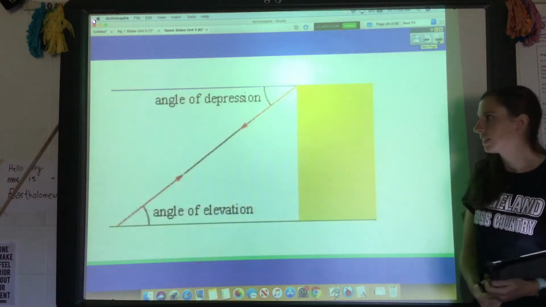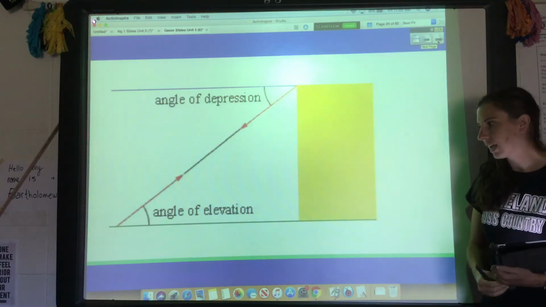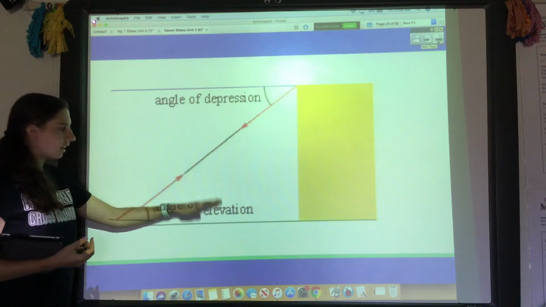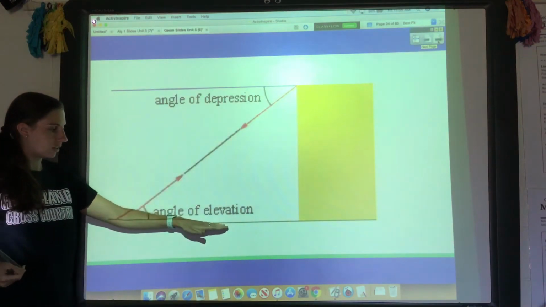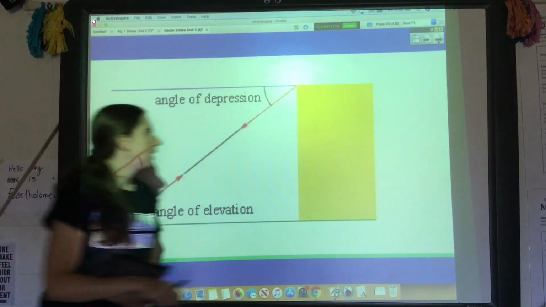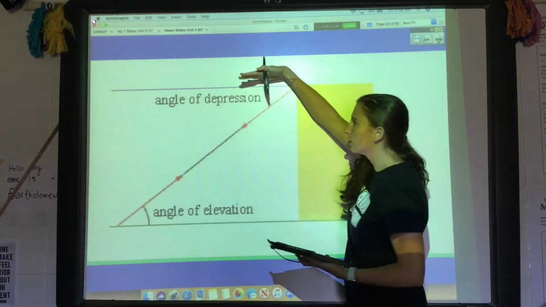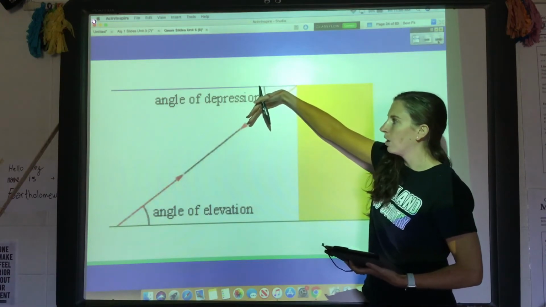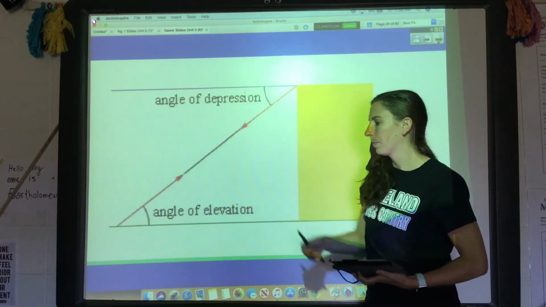Okay, so back to this. There are two types of angles you may hear about with this stuff. One is an angle of elevation, meaning you start horizontal and go up. The other is an angle of depression, meaning once again you start horizontal, but then you go downwards rather than going up.